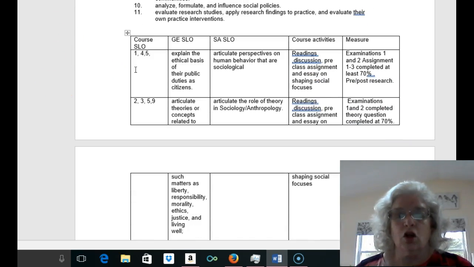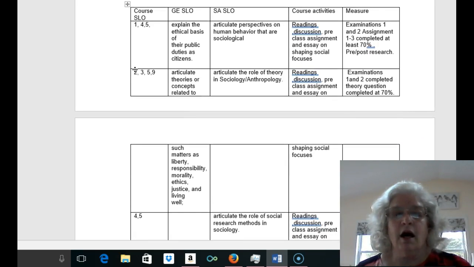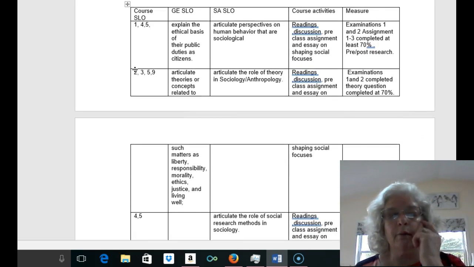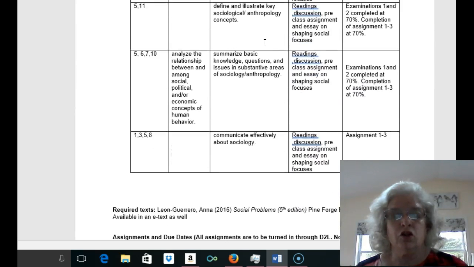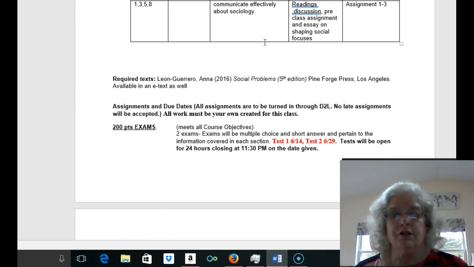The next is a chart that guides you through the ties of the student learning outcomes Gen Ed for sociology, as well as for the course activities and how I measure each of those goals. Our text for the course is Leon Guerrero, Social Problems. It's the 5th edition.